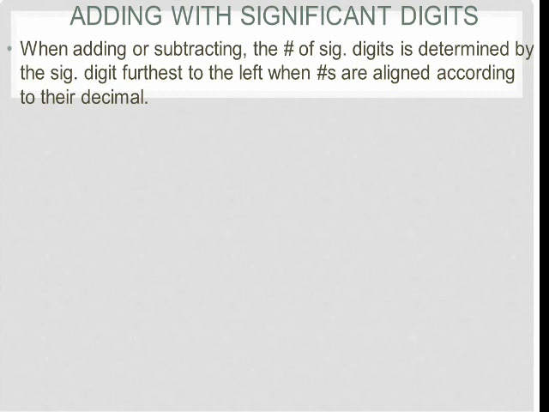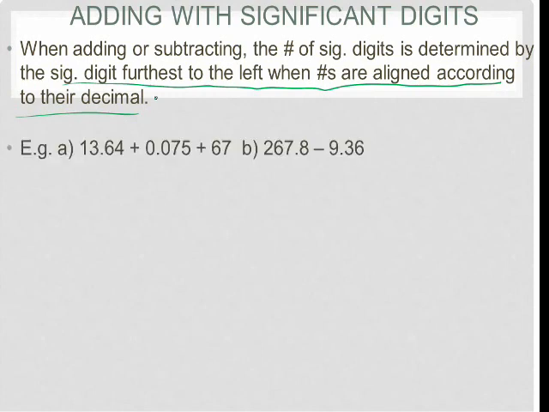This is the rule we were looking at. When adding or subtracting, the number of significant digits is determined by the significant digit furthest to the left when numbers are aligned according to their decimal. So for example, we'll do two examples here. We have 13.64 plus 0.0075.